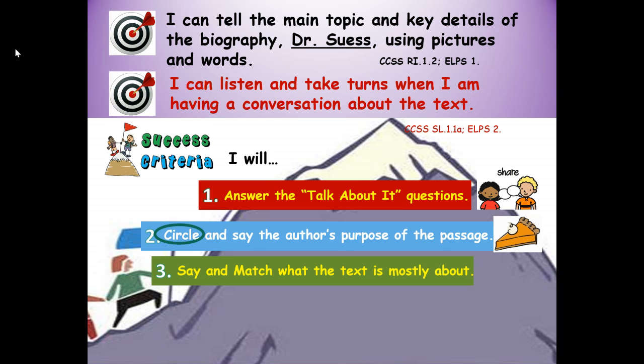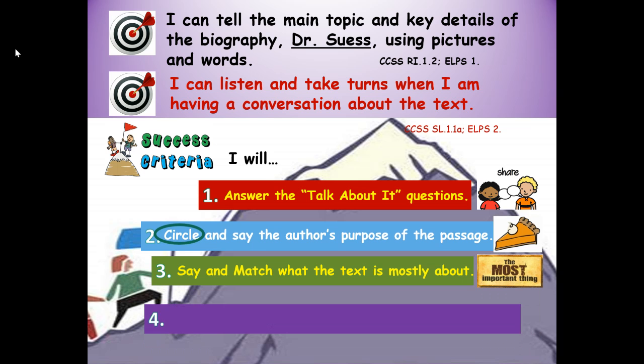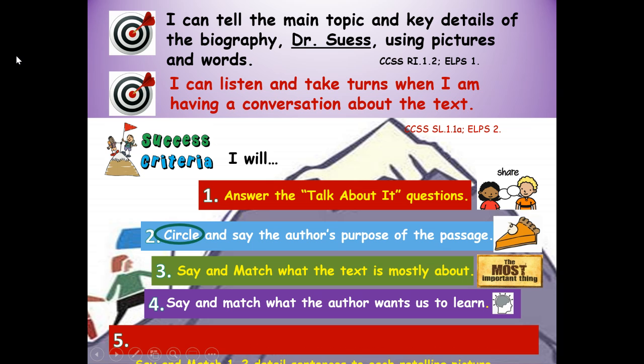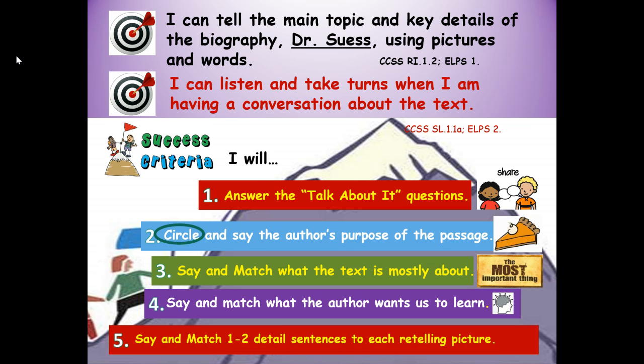Number 3, say and match what the text is mostly about. The most important thing. Number 4, say and match what the author wants us to learn. And number 5, say and match 1 to 2 detail sentences to each retelling picture. And don't worry, we'll do each of these steps together.